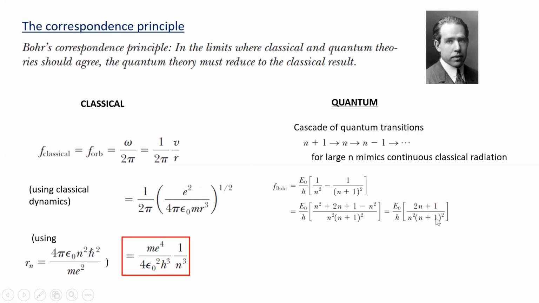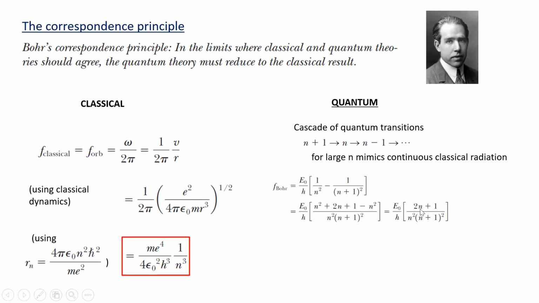But remember, we're talking about very large n here, because we want very big orbits. That's where the classical theory and the quantum theory should agree. Not when the atom is very closely packed. That's where quantum effects should be most important.